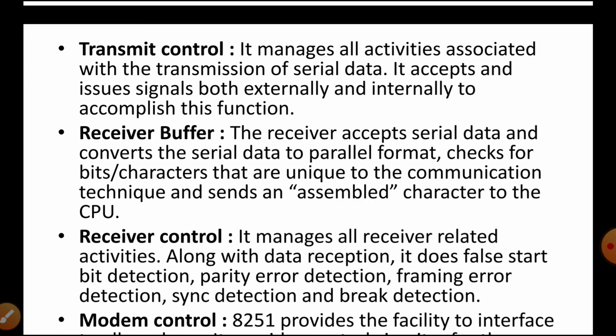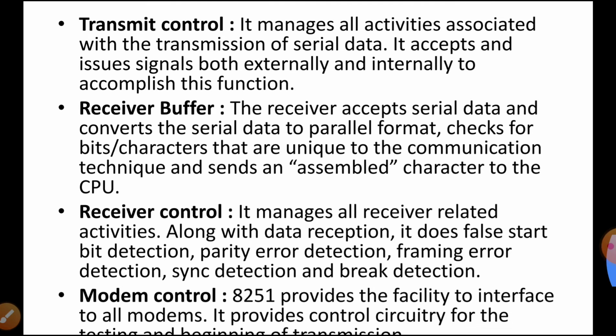It accepts as well as issues signals, both externally and internally, to accomplish the function, and for that purpose there are many signals, many lines being used: TXRDY, transmit ready; TXE, transmitter empty; TXC, transmitter clock; and so on. Its purpose is to manage all the activities related to the transmission of the serial data.